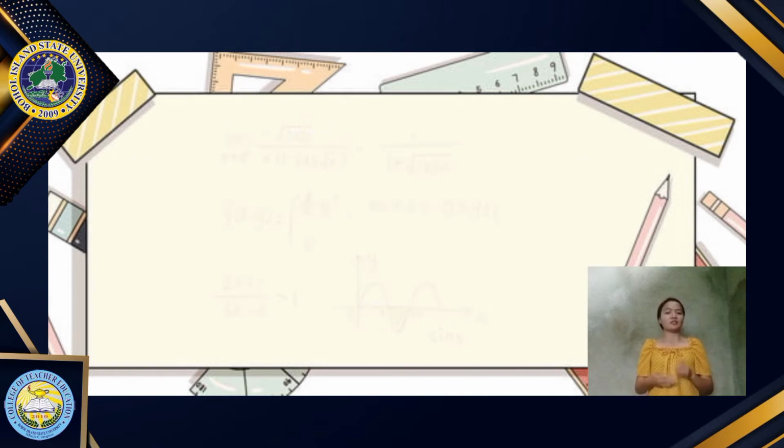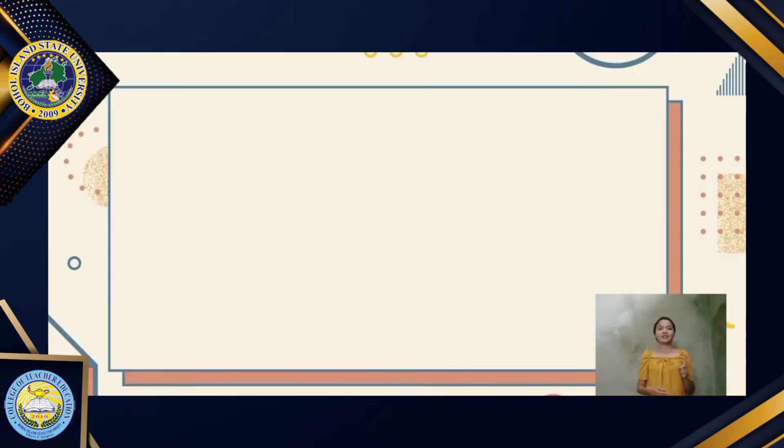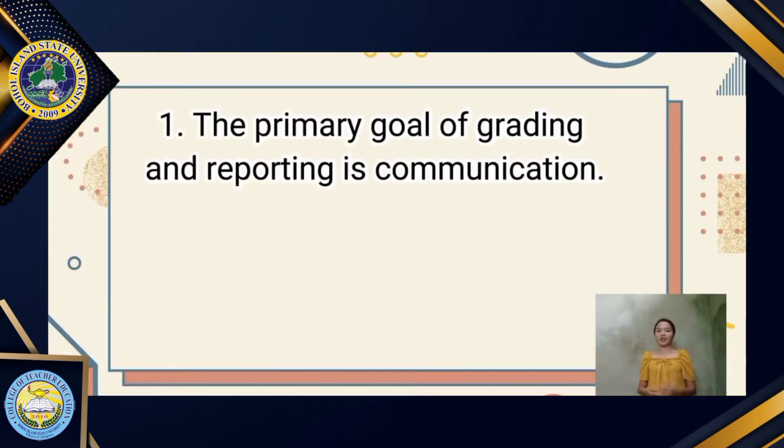But do not worry, there are guiding premises in developing a grading and reporting system that teachers must take into consideration to have a meaningful output and help in the attainment of the student learning objectives. First, the primary goal of grading and reporting is communication.